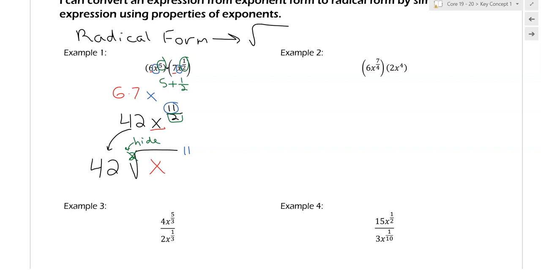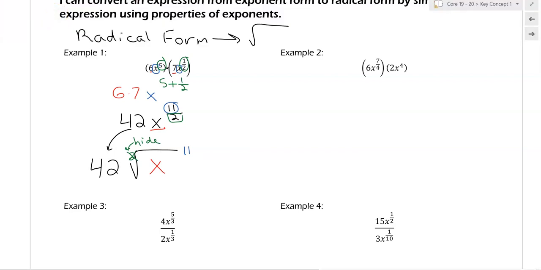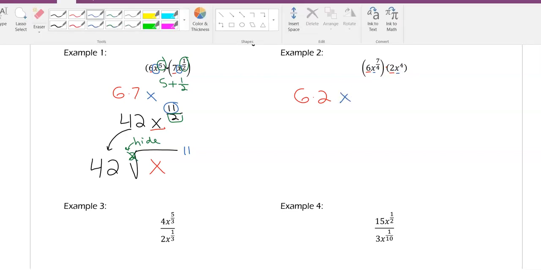All right, go ahead, pause the video and try example 2. At this time, you should have an answer for example 2, right? Same thing that we started with the last one, we're multiplying, right? And we multiply our numbers in front. Then we have our base, these are both x's.